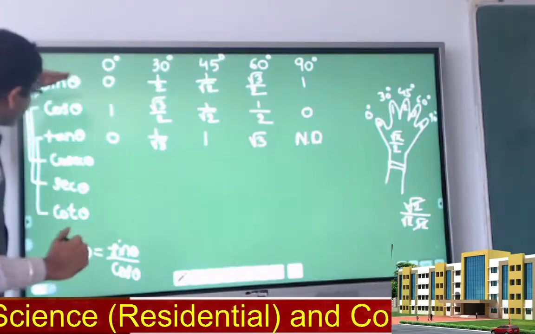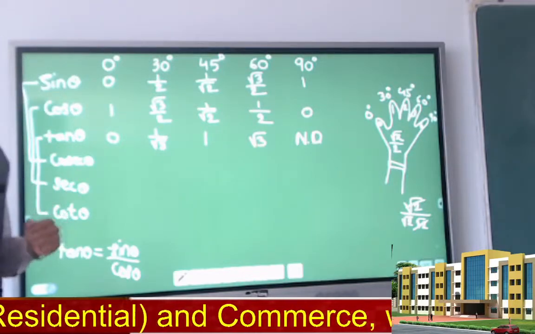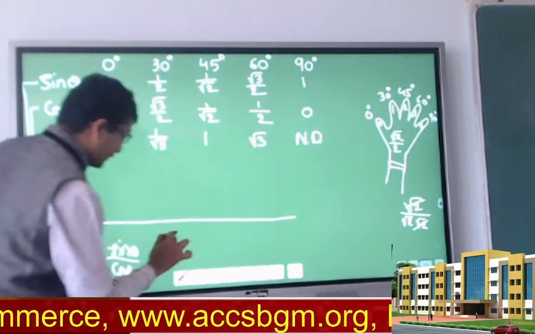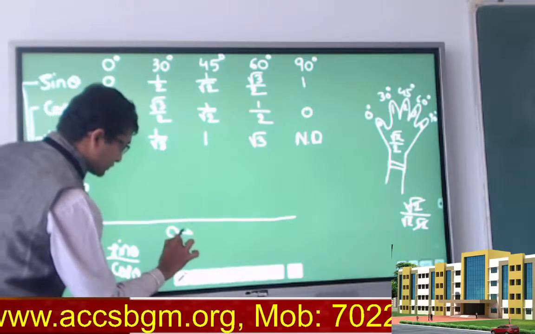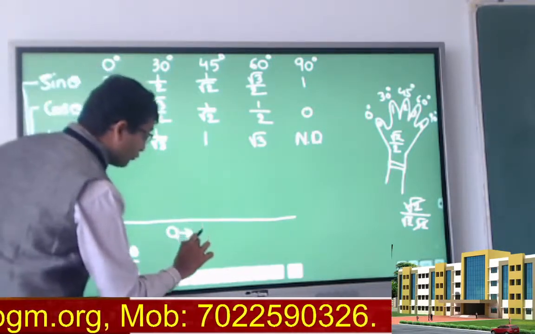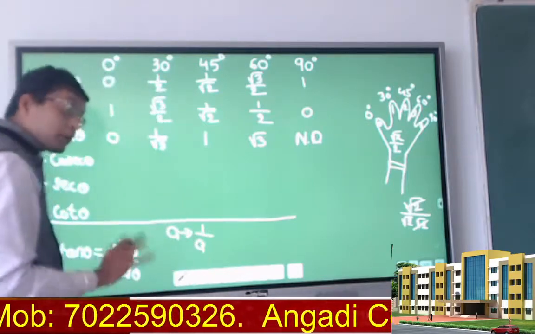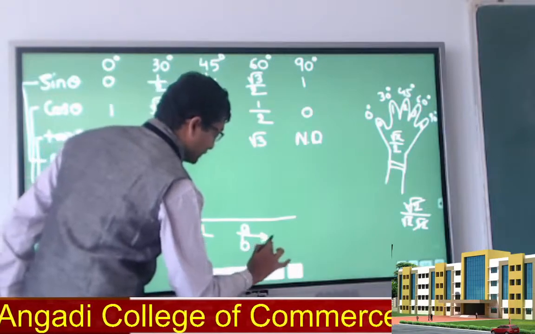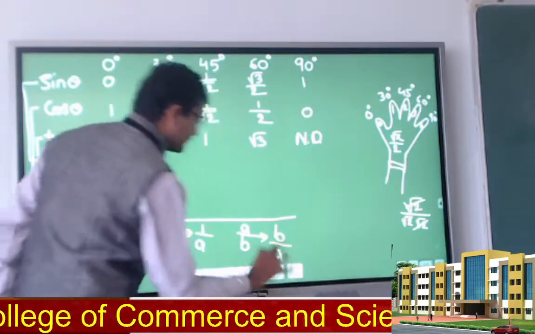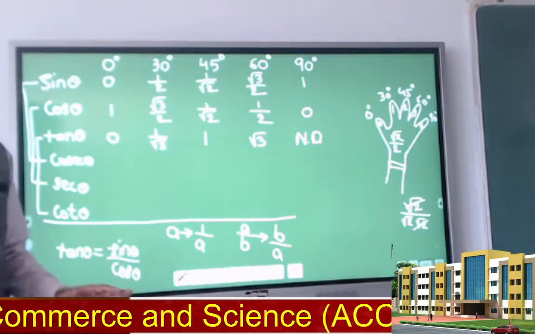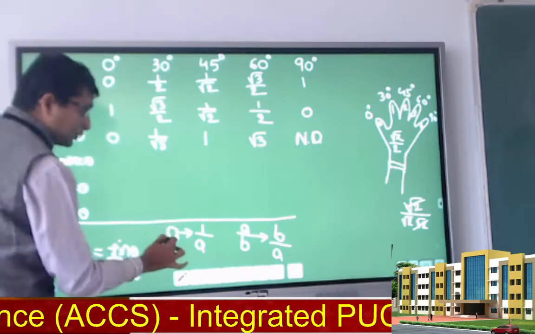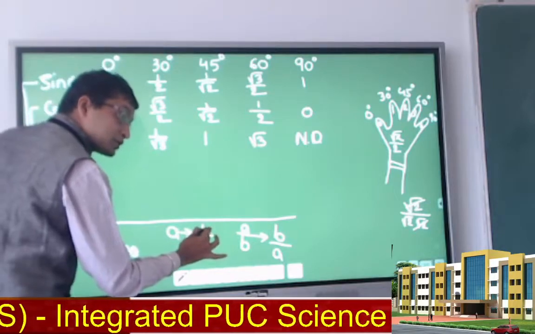Now, the sine reciprocal is cosec. How to write the reciprocal? I'll tell you the easiest way. If I have only a numerator a, the reciprocal will be 1 by a. Suppose I have a by b, then its reciprocal is written as b by a. Like this we have to write it. So 0 is only the numerator; its reciprocal is 1 by 0.